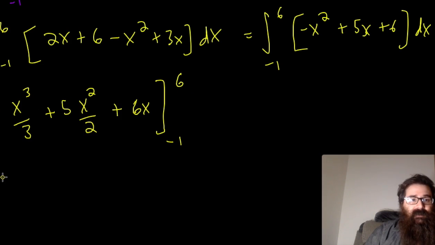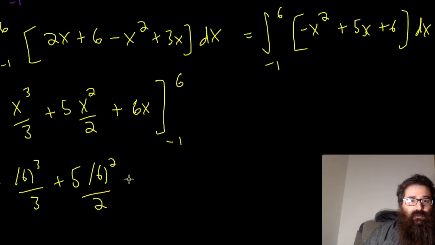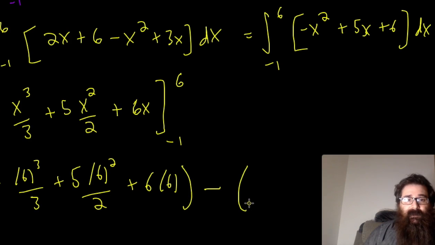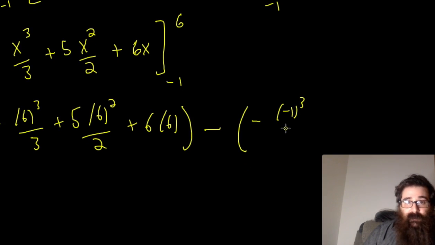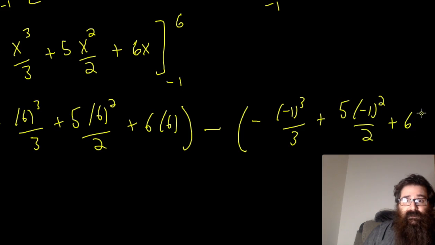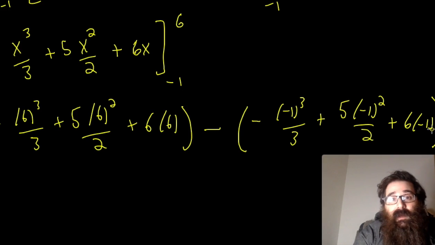When I plug in a 6, I have negative 6 cubed divided by 3, plus 5 times 6 squared divided by 2, plus 6 times 6. Then I subtract away what I get when I plug in -1 for x. So that's negative, then -1 cubed over 3, plus 5 times -1 squared over 2, plus 6 times -1. And now we want to go ahead and evaluate this.